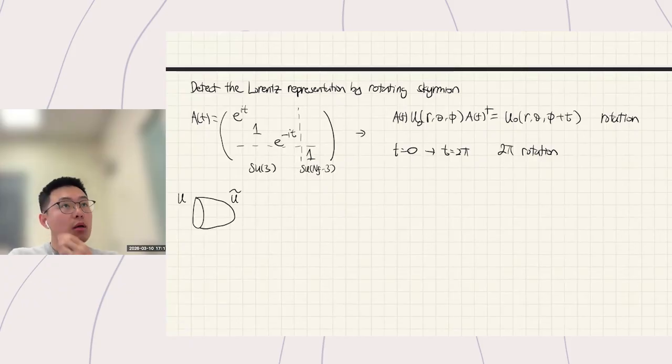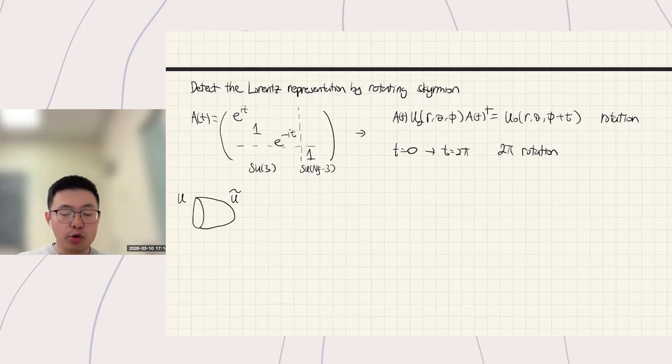So first of all, how can we detect which Lorentz representation these skyrmions form? The way to do that is to take a skyrmion configuration and rotate it. If we rotate the skyrmion configuration by 2 pi and get a phase, and this phase is -1, then we say it's a fermion. If it's +1, then we say it's a boson. If we get some random phase, then it doesn't have a well-defined Lorentz representation.